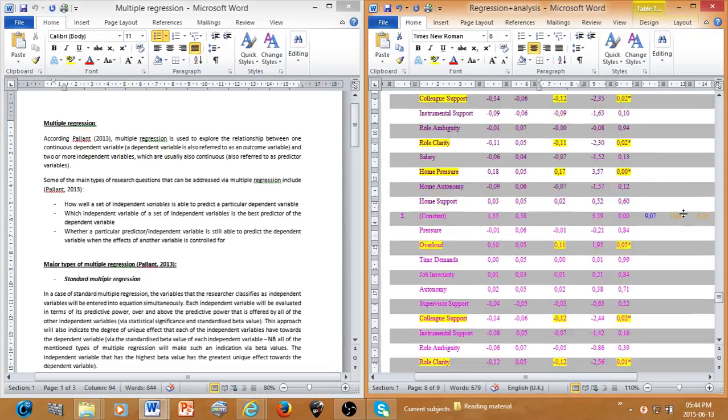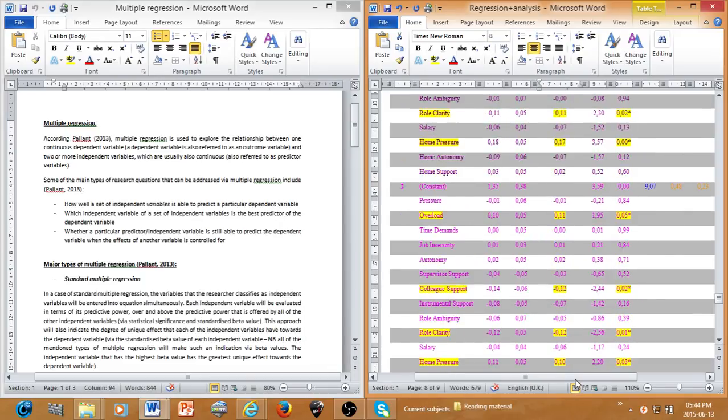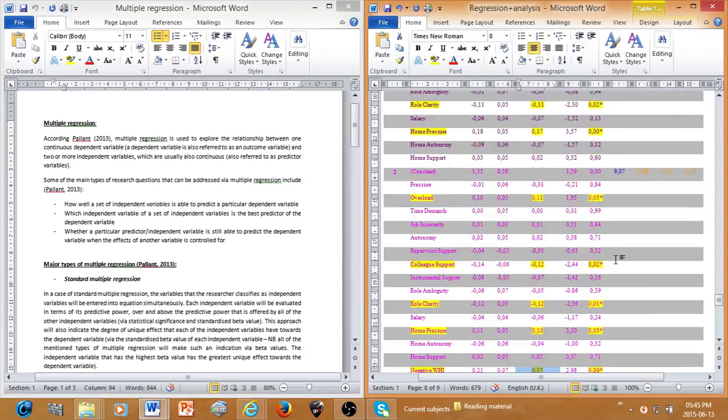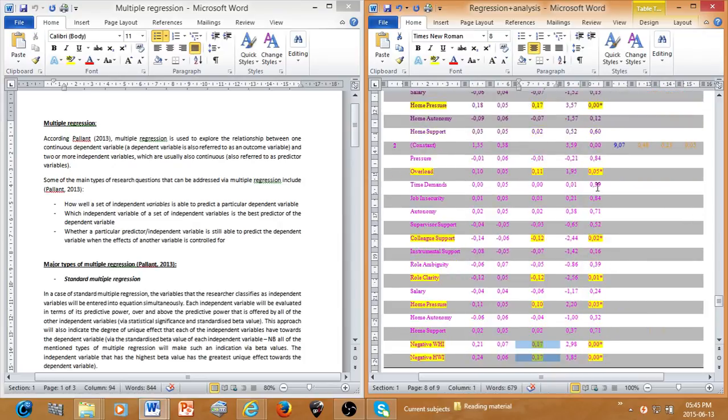So in the second model, we want to see the proportion of variance in anxiety that the second model can explain. Now remember, the model refers to the combination of independent variables.